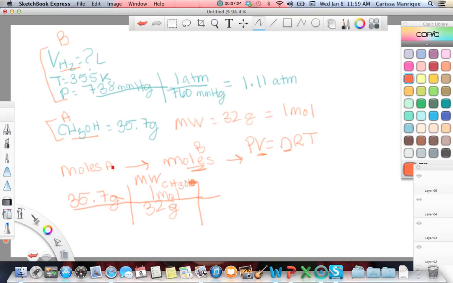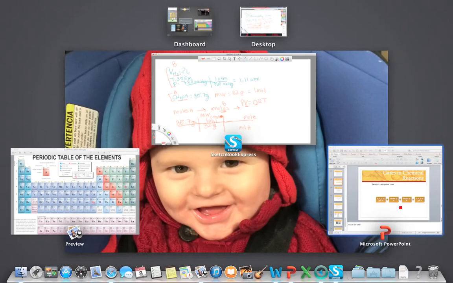That gives me moles of A, and I want moles of B. So I'll put moles of A, which is my methanol, to moles of B. And remember, this is just the mole-to-mole ratio. Anytime I go from moles to moles, it's the mole ratio, and I get that from the equation.